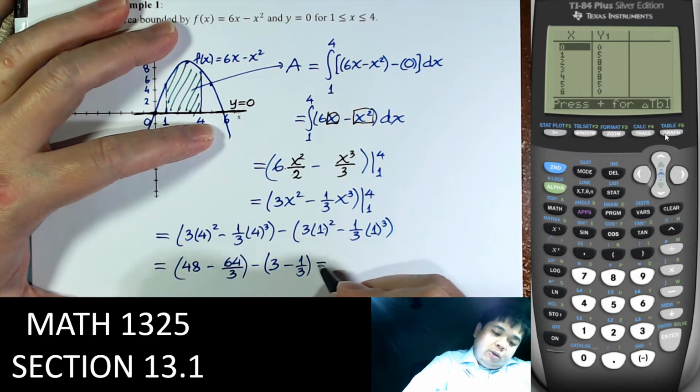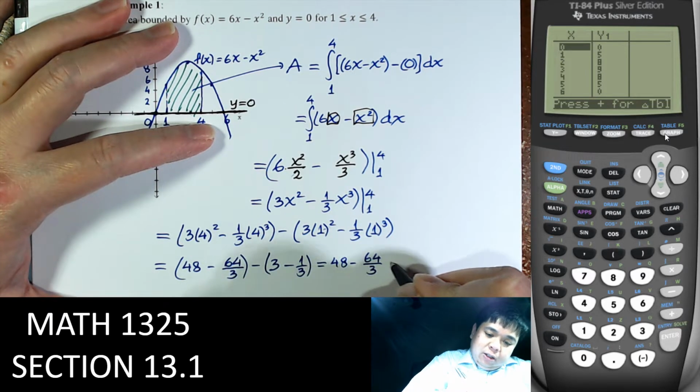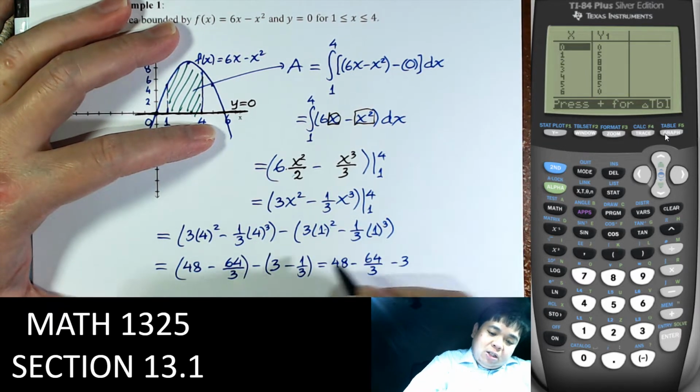Put this together, we have 48 minus 64 over 3 minus 3 minus negative, that's a plus.